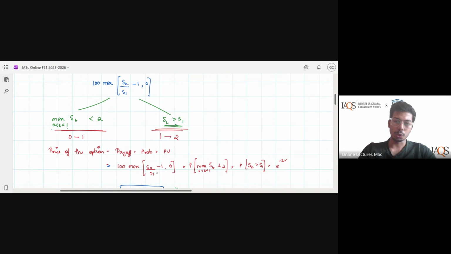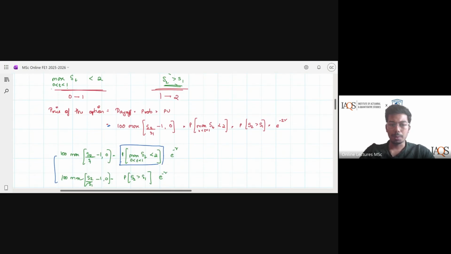This is the entire price of the option between 0 to 2. Then we broke it down into time one price and time two price.